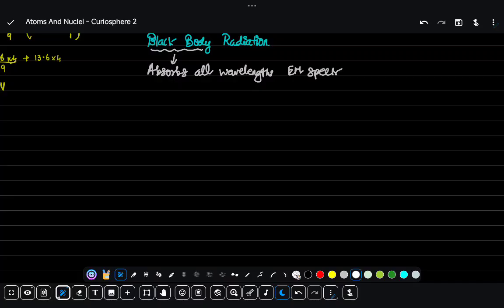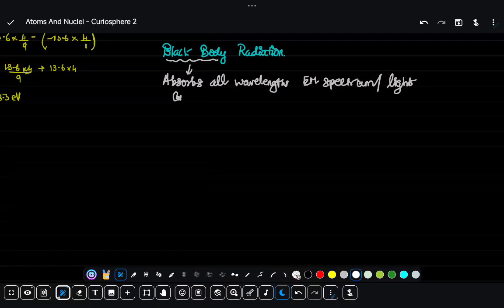It's somewhat safe to say light, because we only see the visible light spectrum, right? And emits only certain wavelengths depending upon its temperature.